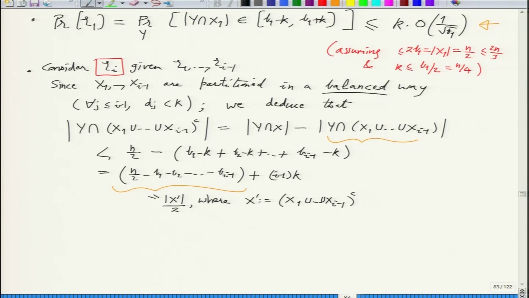So the way we will read this is that the partition of x prime by y z parts is ik balanced.